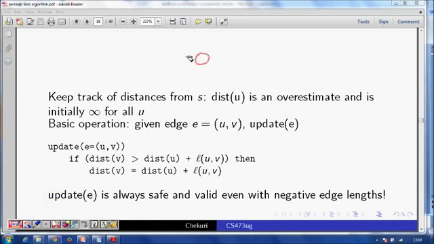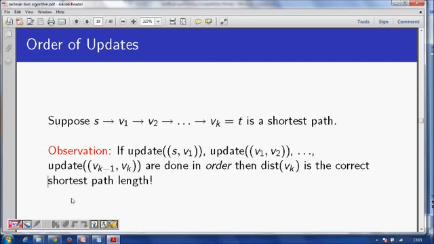That's the question. You have d of U here, and there is a source S, and V is there, d of V. If there is a negative edge, then we can just update, it will decrease the value of d of V, then it is fine, we can take it.